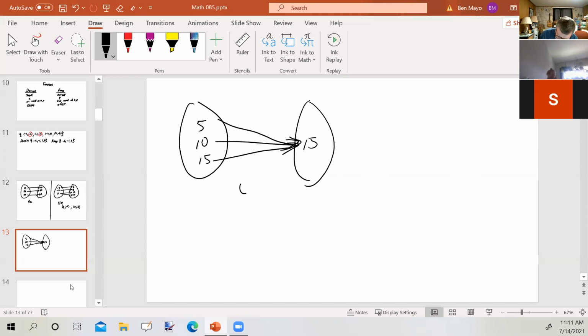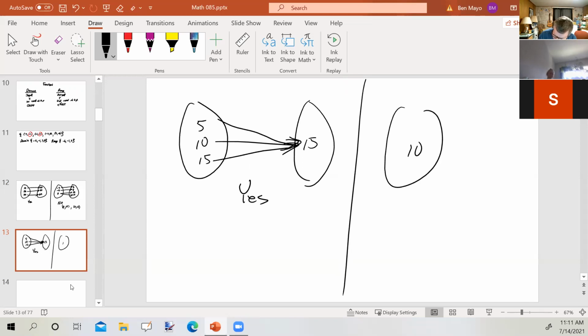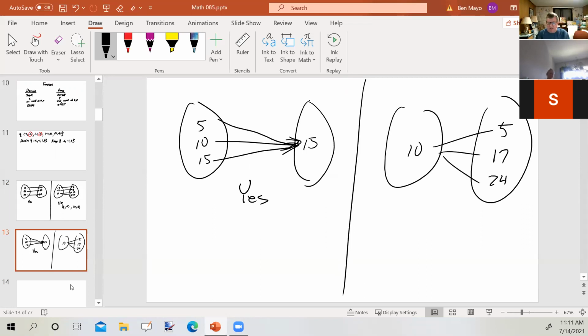So yes, this is a function. What you can't have is this. That would be like one person having 3 birthdays. We're not going to go into that. But anyway, so this is not a function.